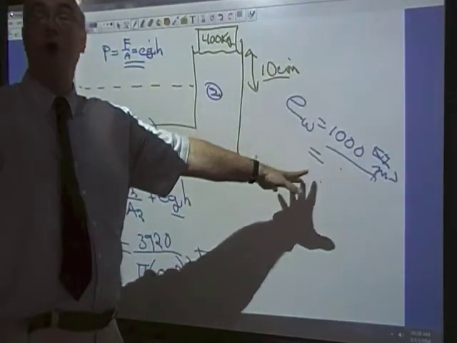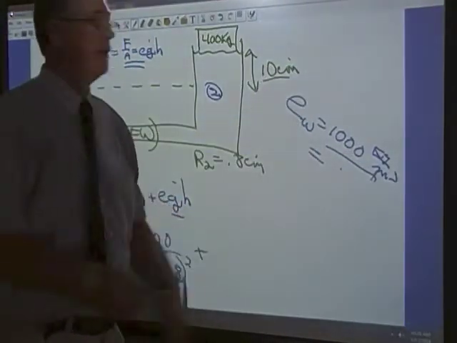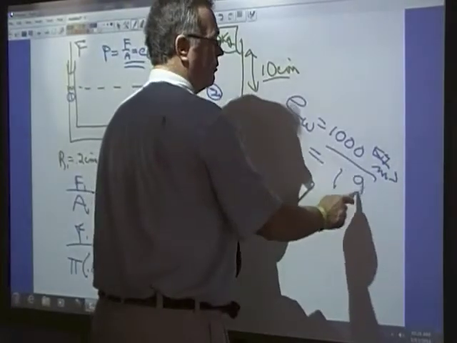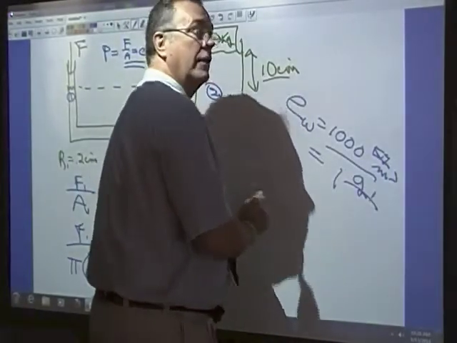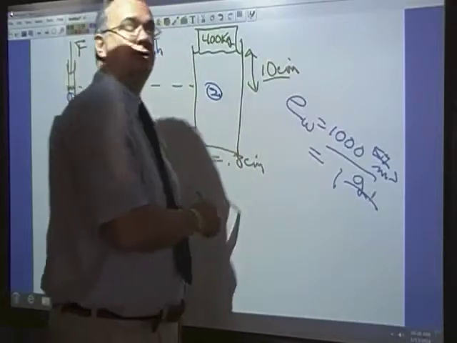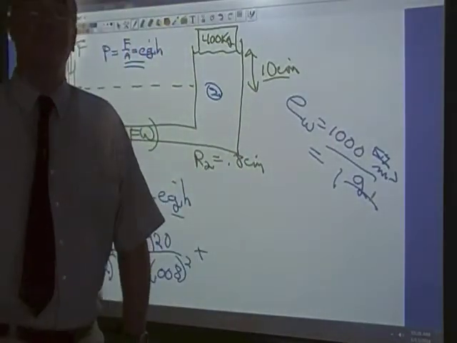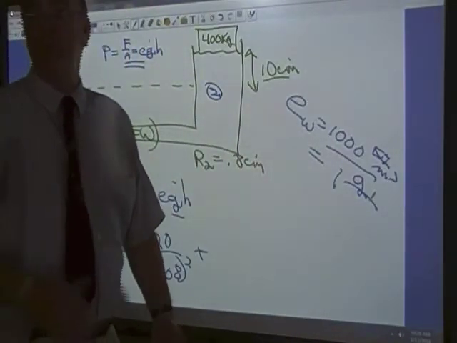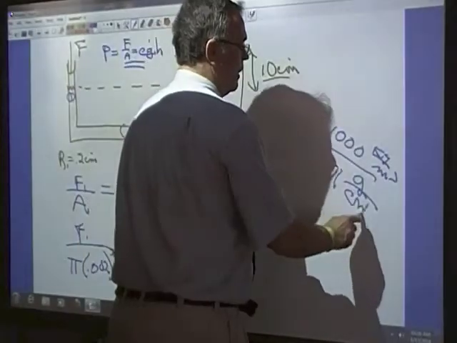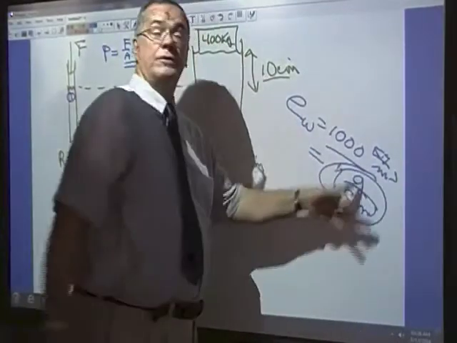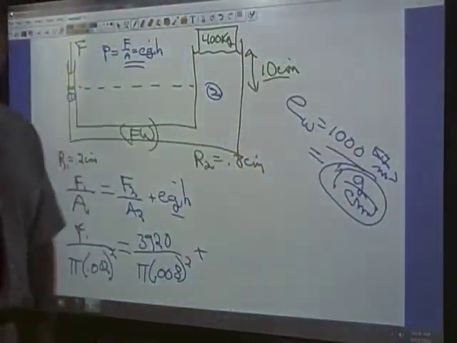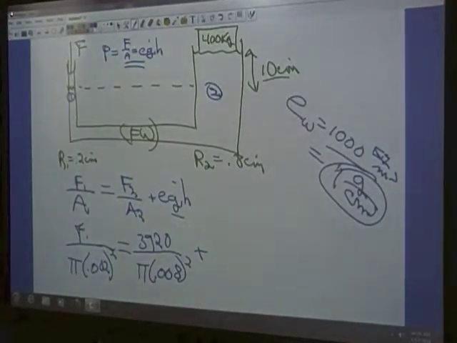It's 1. What are the units? 1 gram per centimeter cubed. So 1 gram per centimeter cubed is equivalent to 1,000 kilograms per meter cubed. Okay? Makes sense. I know there was some confusion about that.